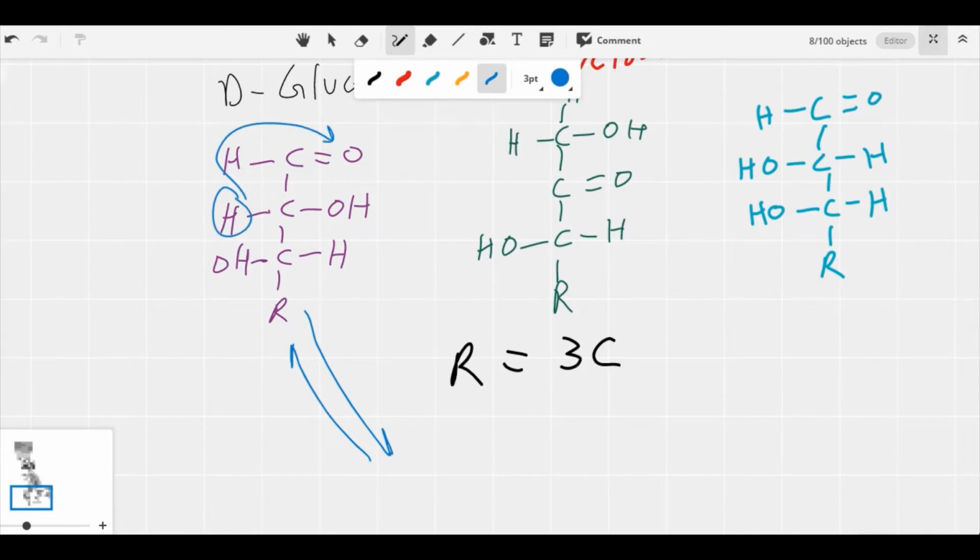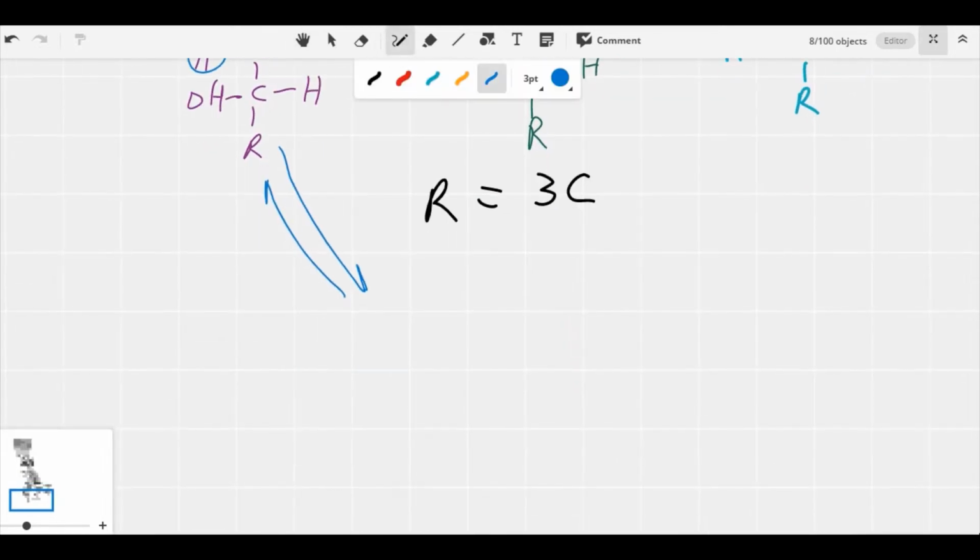Here you can see it will form the enediol, with C-OH and H. There is an OH, but when the hydrogen is shifted to the next carbon, there is a double bond between the carbons, and the next one has hydrogen and OH.